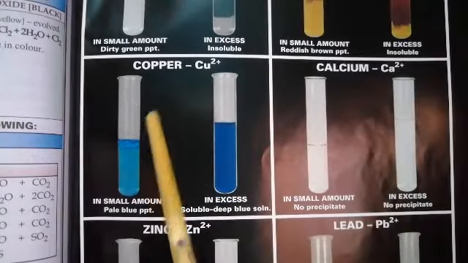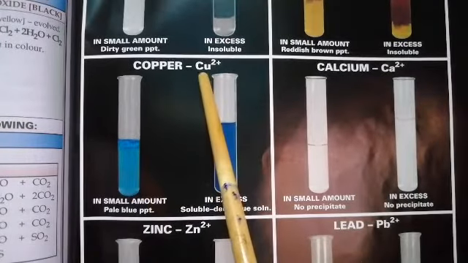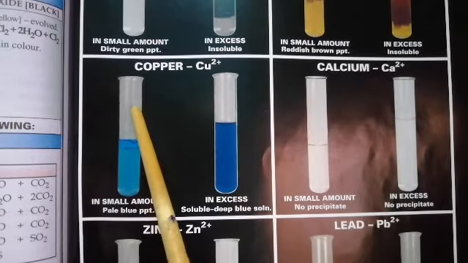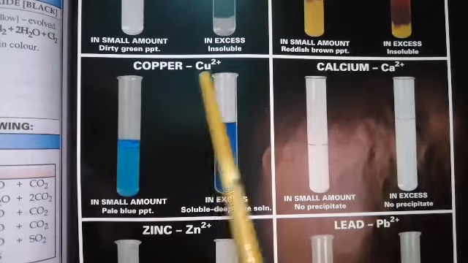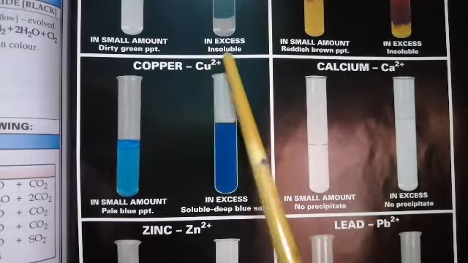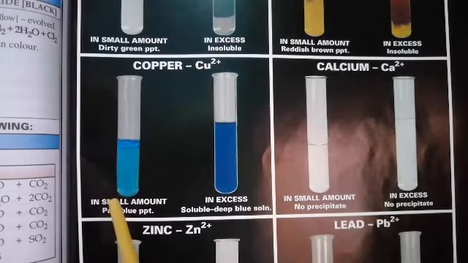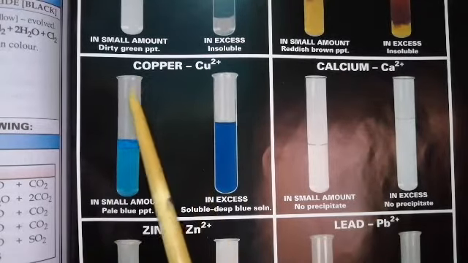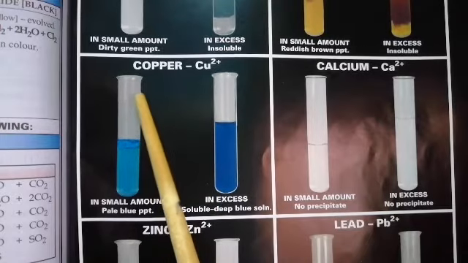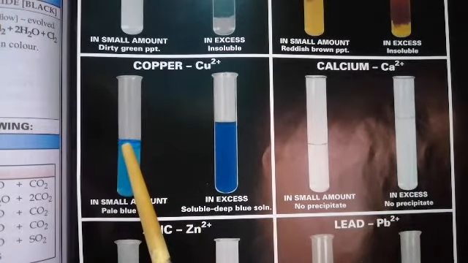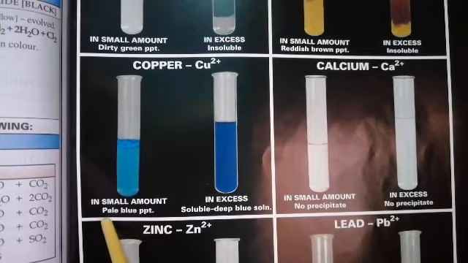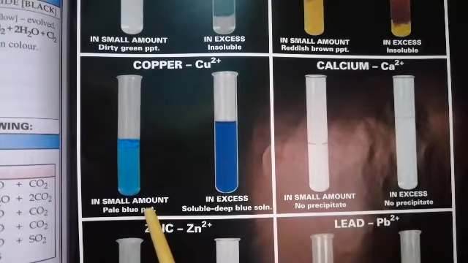Now suppose you have taken copper sulfate solution. So the cation is cupric ions. When you add in small quantity ammonium hydroxide solution, what do you observe? Pale blue precipitate.